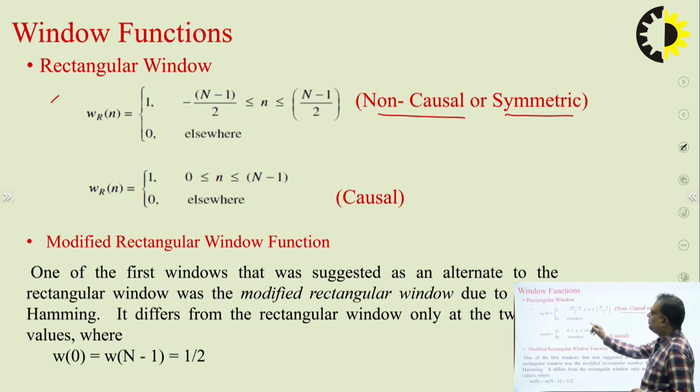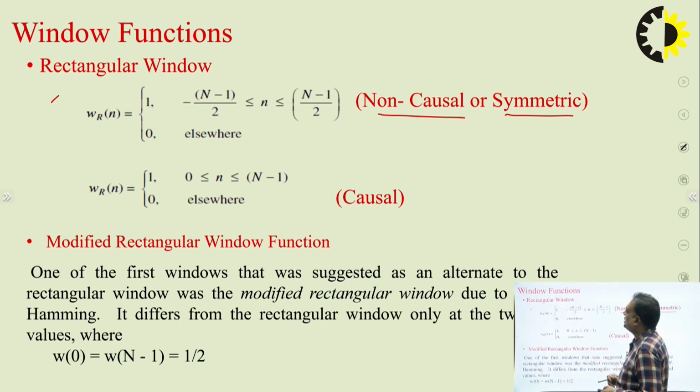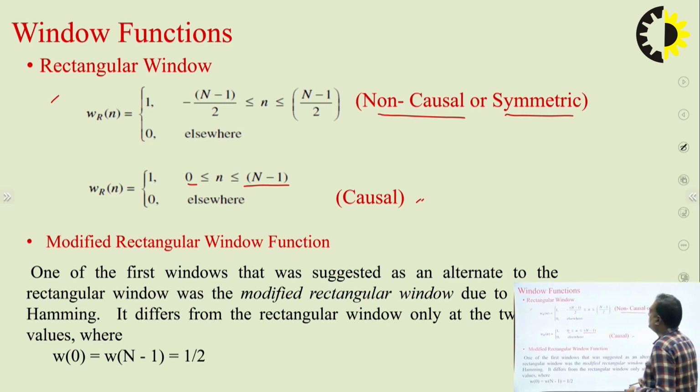This is the symmetric rectangular window function: within the range minus (N minus 1)/2 to (N minus 1)/2, the window value is 1, otherwise 0. In the causal case, the limit is from 0 to N minus 1. The total number of terms is N in both cases.